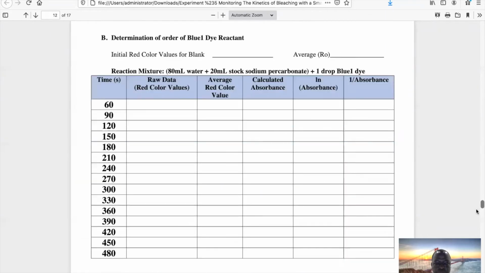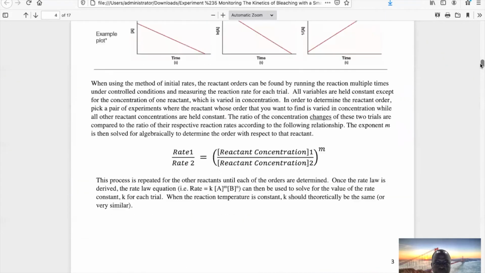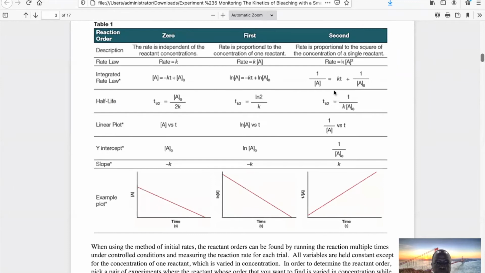These are the graphs I walked you through before. What you have to do is see if it is first order or second order.